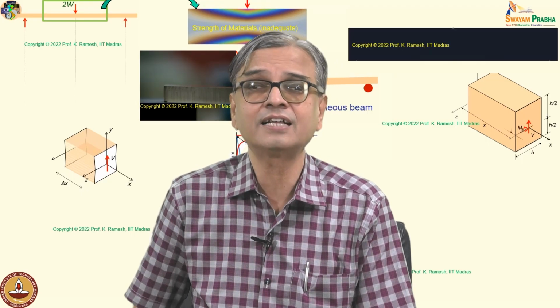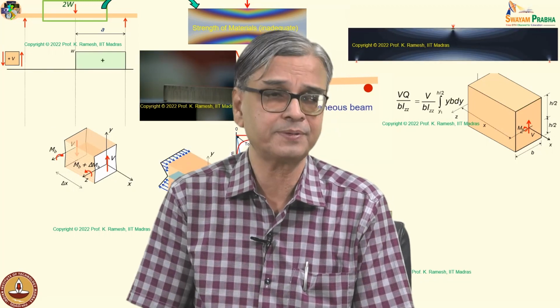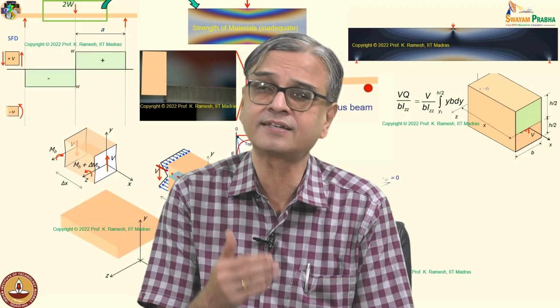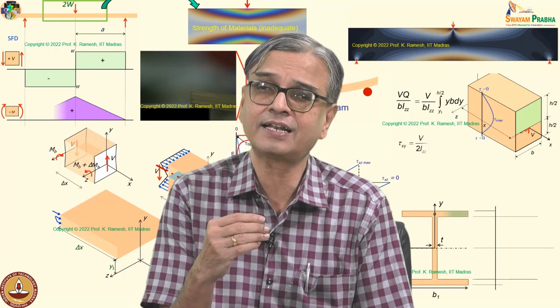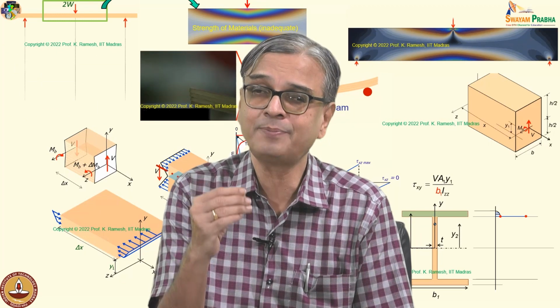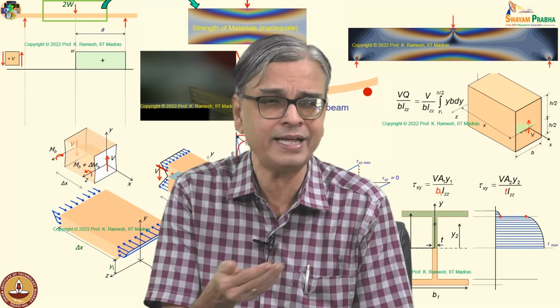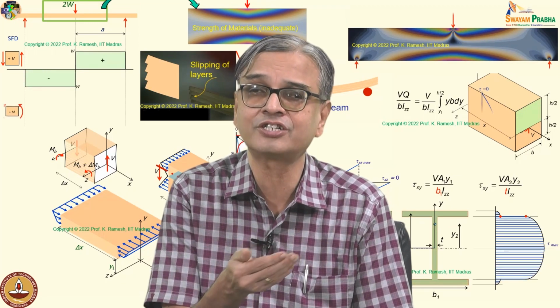So, in this class, we have looked at how the shear stress is developed. It is a very, very important and subtle concept. We have looked at an actual experiment and understood that if I have multiple layers of the beam, we could identify that slipping is happening. That indicates the possibility of shear stress.